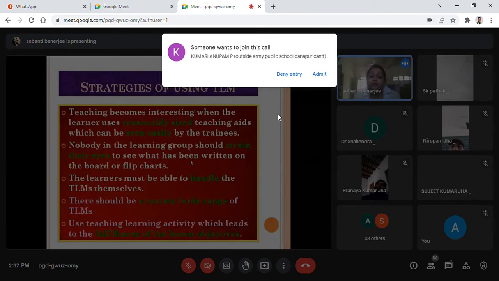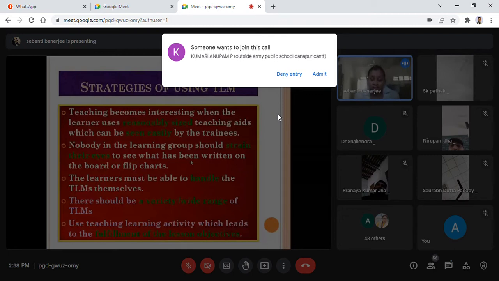Next is the learner should also be able to handle the TLMs themselves. It will create more interest among the learners. Next, a wide variety of TLMs should be there. What do we mean by this?